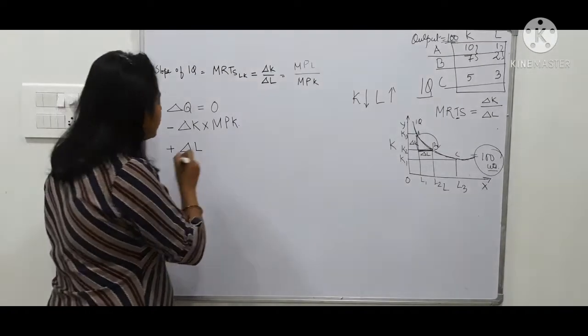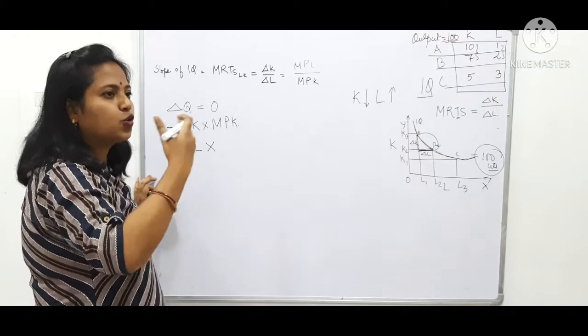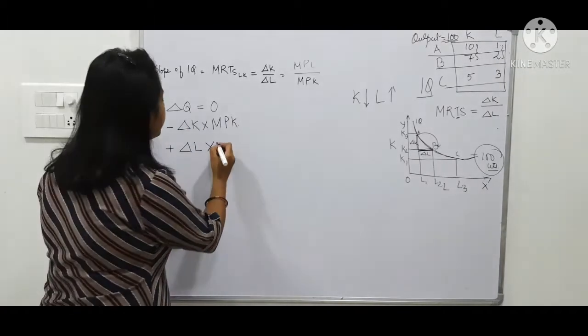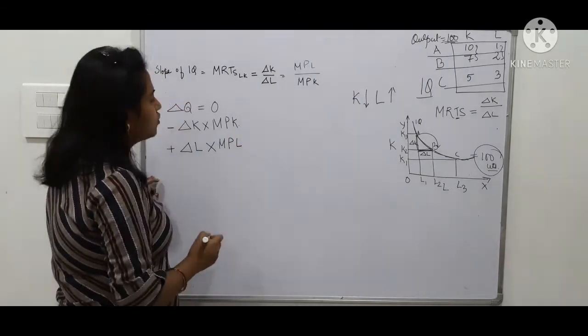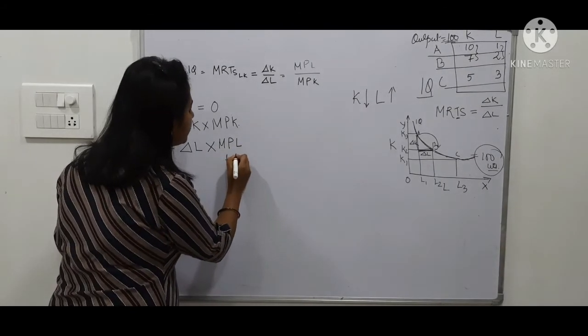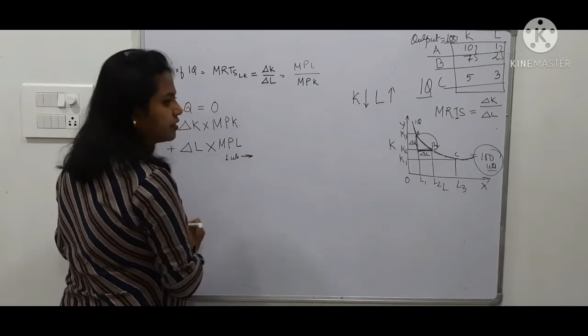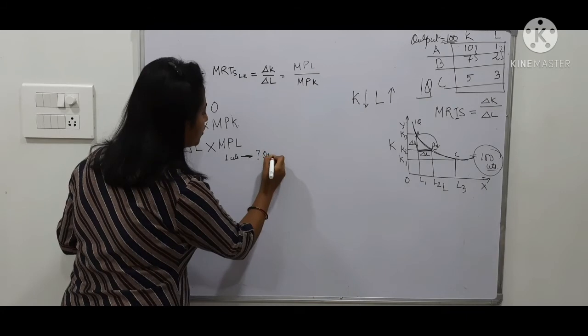Similarly, 1 unit of labor makes some change in the total production, and therefore there is a marginal productivity of labor also. So marginal productivity of labor tells us for 1 unit increase in labor, how many units increase in output.